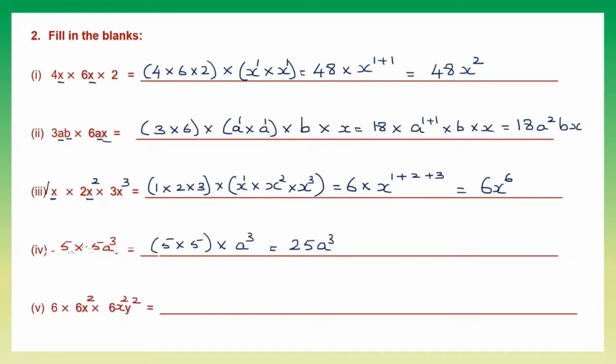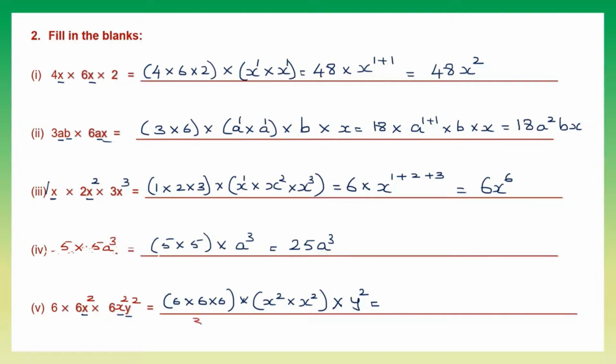Okay, so we have 6 into 6x square into 6x square y square. So only the numbers 6 into 6 into 6, and then into, we'll take the x here and x here. So that is x to the power of 2 into x to the power of 2 into, now we have only y square by itself, so we can write y square. Now this is equal to 6 6s are 36, 36 into 6.